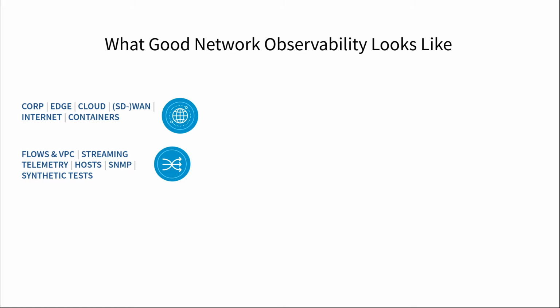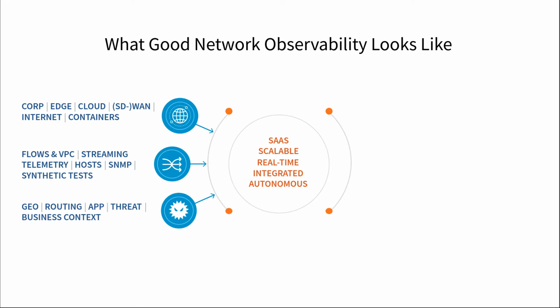Grab the flows, grab any streaming telemetry, the host data, SNMP data, tie all these things together, start adding additional visibility: geography, routing, application specific, all of your identity, the business context, add those things in, any threats. So add in all of that metadata on top of all of that, bring them all together, put them into something that is a software as a service. Make sure it's scalable. And then get into the dashboards, the alerts.